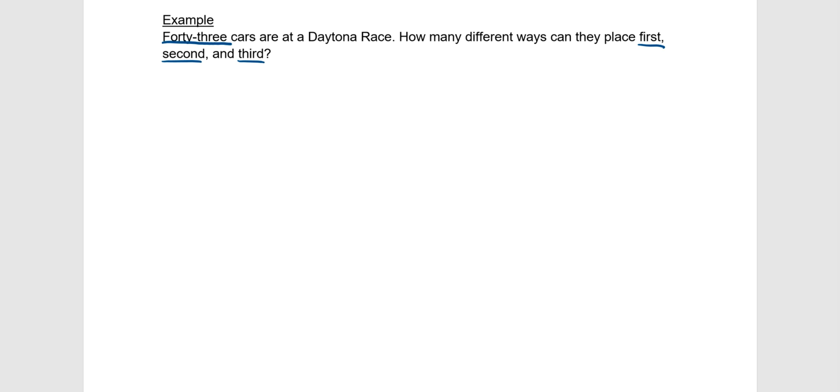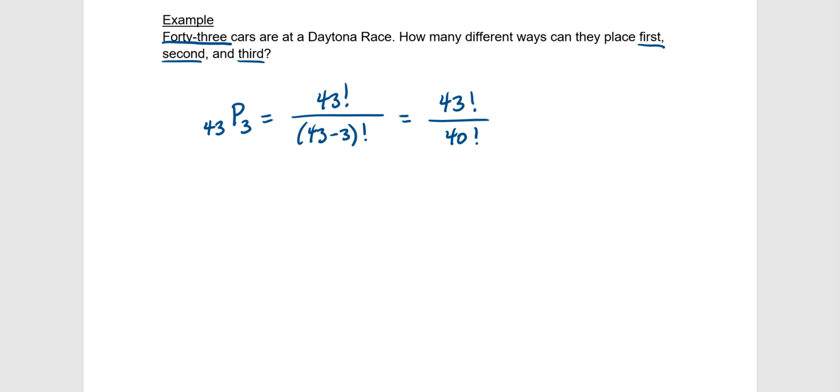So this is going to be 43 P3, and this is going to be 43 factorial divided by 43 minus 3 factorial, which ends up being 43 factorial divided by 40 factorial. So this one's a little bit messier.